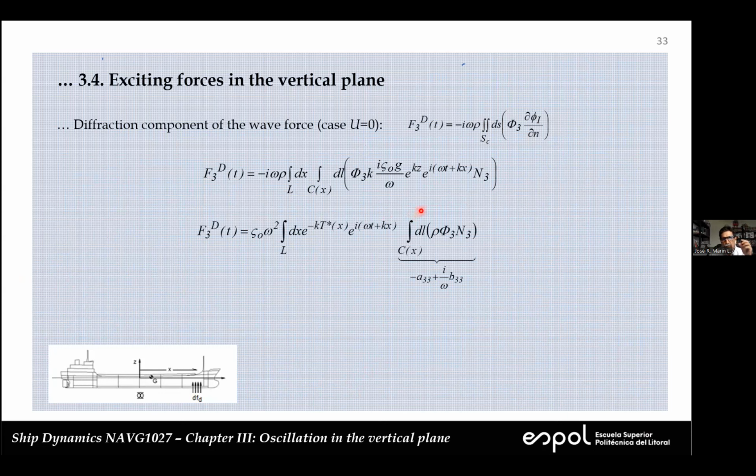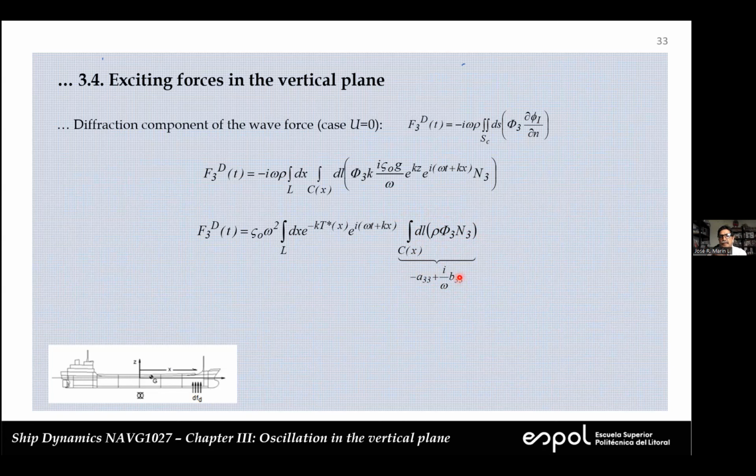Now, we have to recognize what terms are functions of x and what terms depend on the position on the section. Of course, this is the normal that depends on the position of the section. This phi3 depends on the section, so we have to integrate this. But this expression we showed at the beginning of this chapter is equal to this combination.